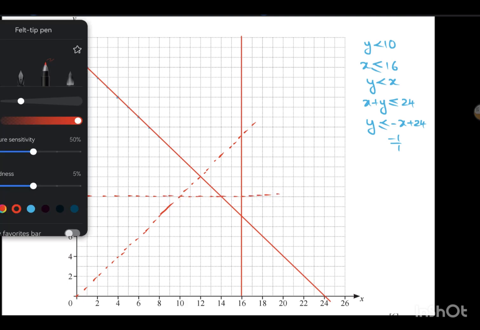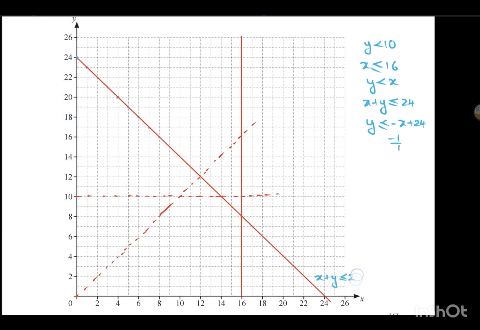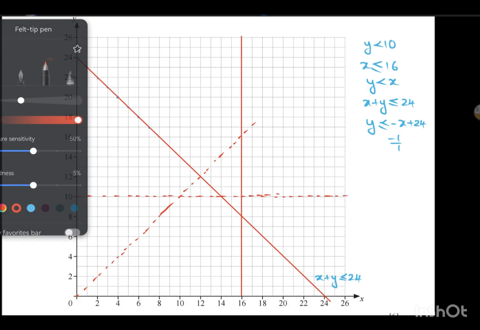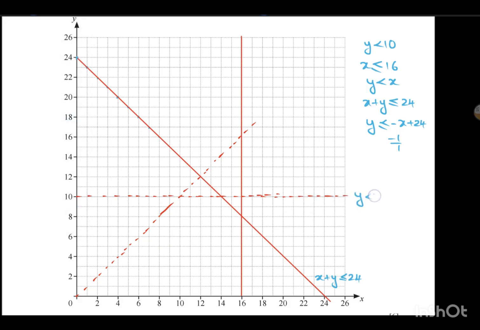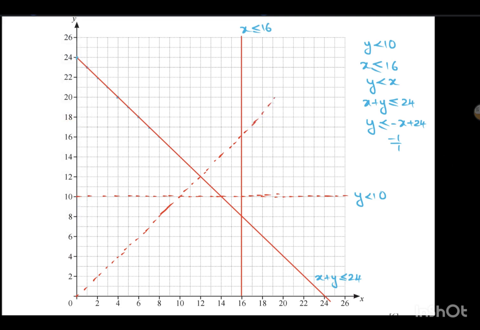Now name all those, write all those equations. This is x plus y less than or equal to 24. This is, let me complete this later. This is y less than 10. This is x less than or equal to 16. And this one also, let me draw till the end. Let me check this line is going straight.